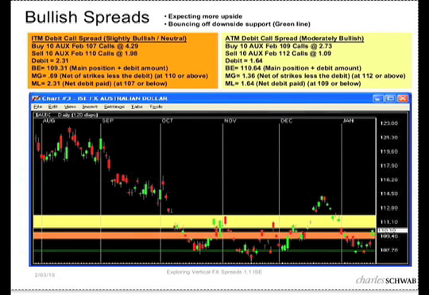Now, when I teach spreads, and I do a lot of seminars for a lot of clients, often one of the questions that comes up when I'm talking about spreads is, why would you be willing to risk $2,310 in order to make $690? It seems to me you're risking a lot more money than you're going to make. Well, that's true. But you don't evaluate the merits of a spread by comparing the max gain to the max loss.